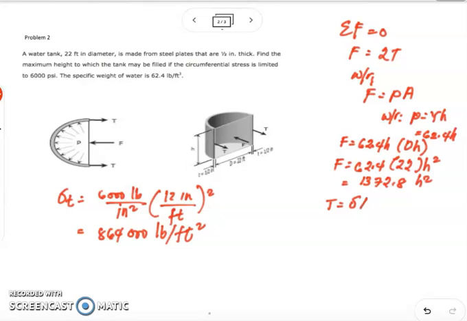And our T is equal to stress times the area. We have our stress, which is 864,000, times T, the thickness, times the H. Our thickness is 1/2 inch; convert this to feet.